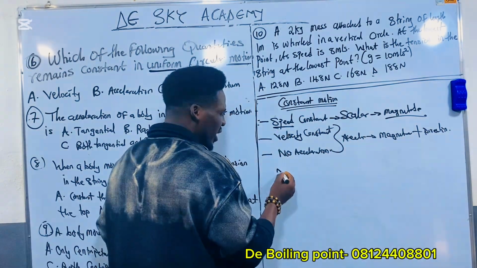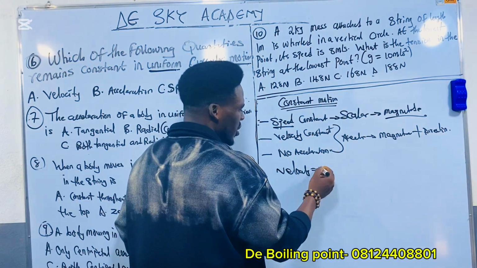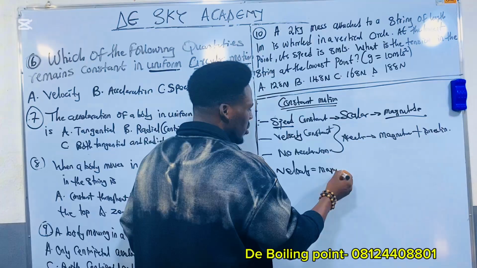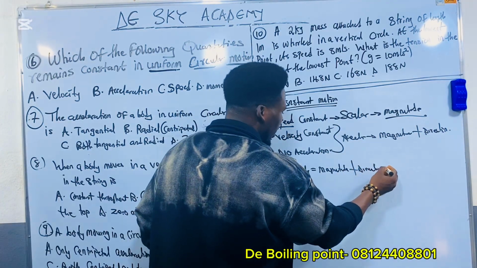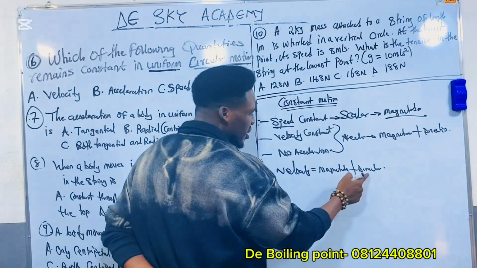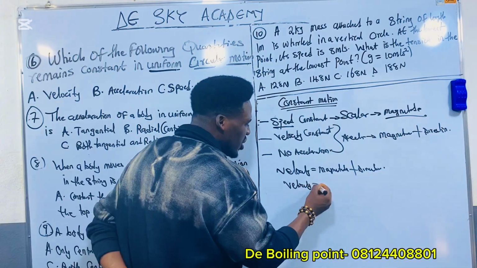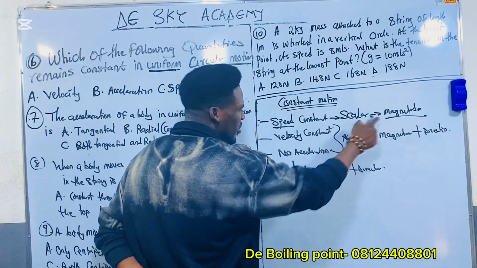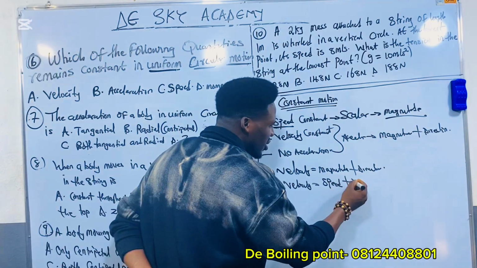Remember that velocity is equal to magnitude plus direction, and that magnitude is called speed, so velocity can also be speed plus direction.